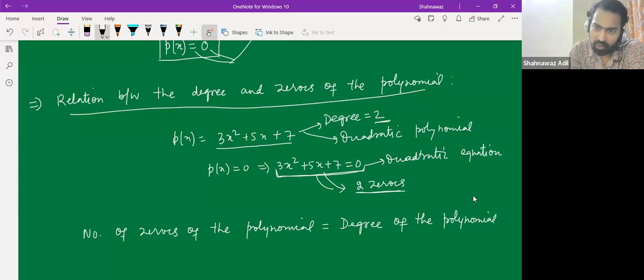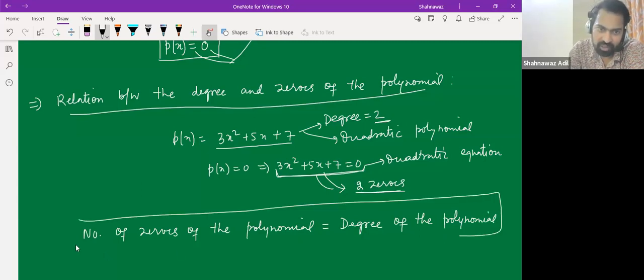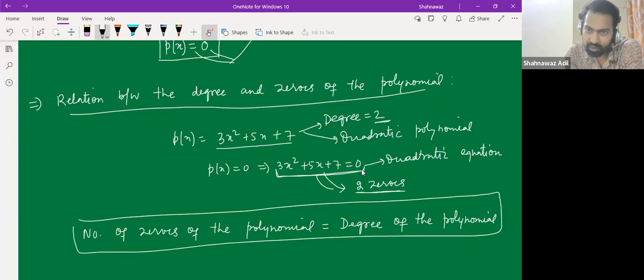So as Harshit said, this is equal to 2, right? So this is the quadratic equation, so we'll get two solutions of x. Let's say them alpha and beta, so these are the solutions. And if I put alpha in this p(x), what will I get?